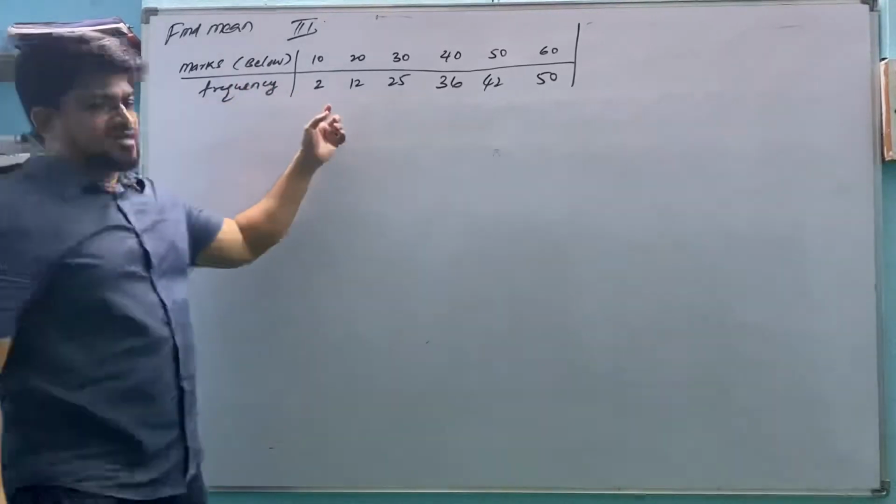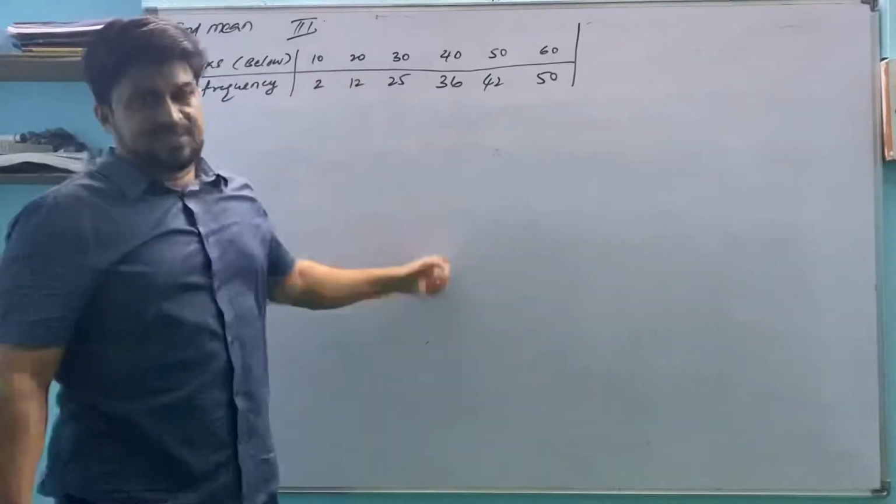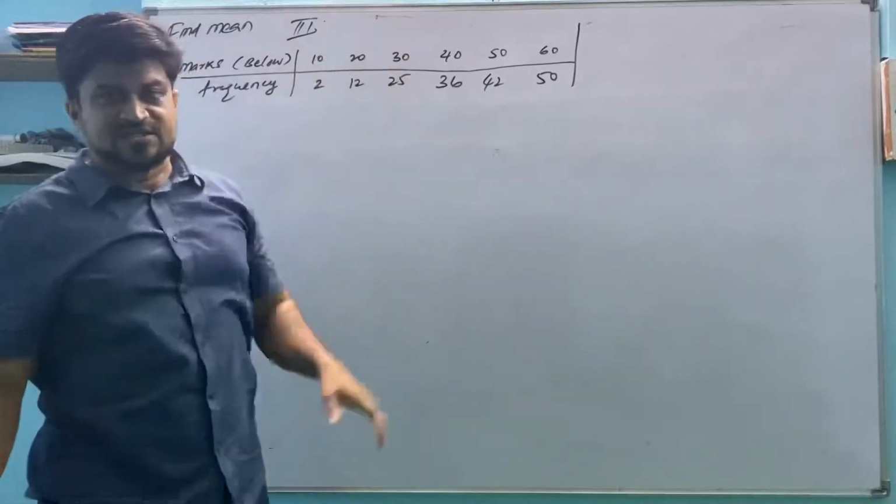By seeing this question, anyone can think that this is a discrete series. Two values, two lines, means discrete series.